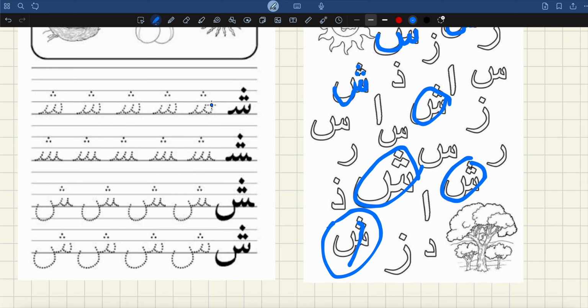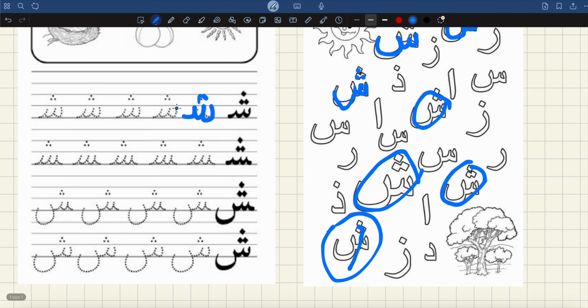Now we write from top to bottom. We write like this. Now, in the beginning, like this here. This is in the beginning, and not forget the 3 dots.